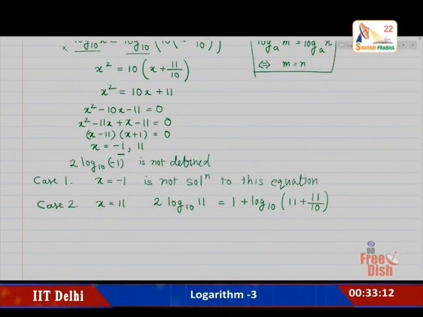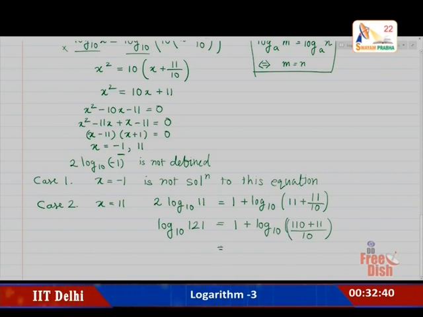So do we get the answer? Log to the base 10 of 11 square, which is 121. So I should get this also to be equal to 121, right? So it is 1 plus log to the base 10 of 11 into 10, which is 110 plus 11 by 10, isn't it?